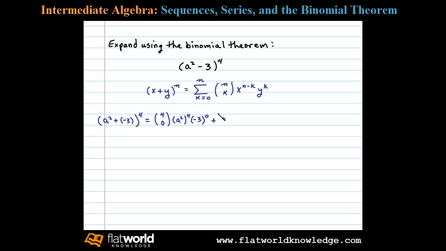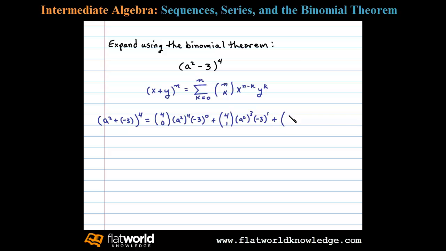Now the second term will be equal to 4 choose 1, where k is equal to 1, times a squared to the third power times negative 3 to the 1 power, plus.